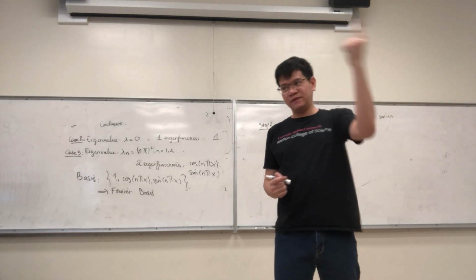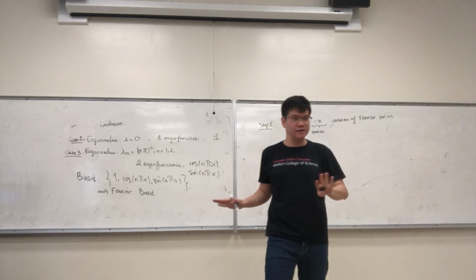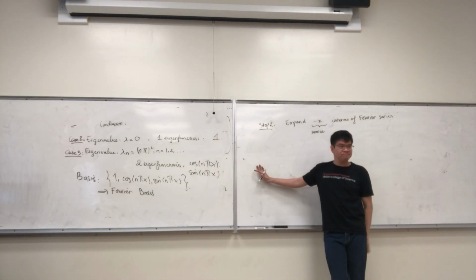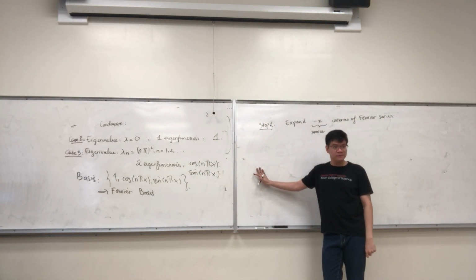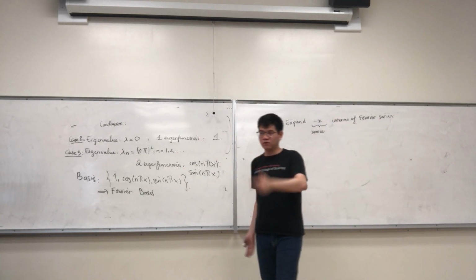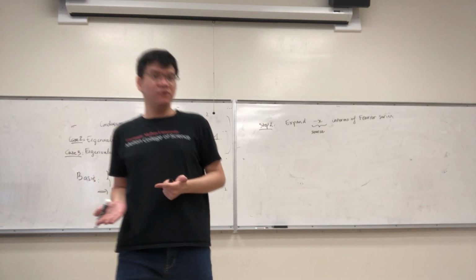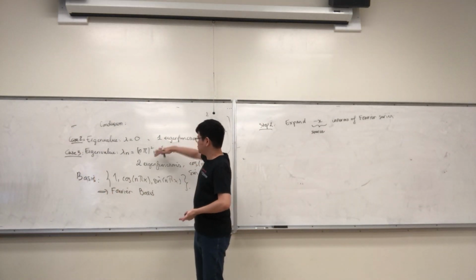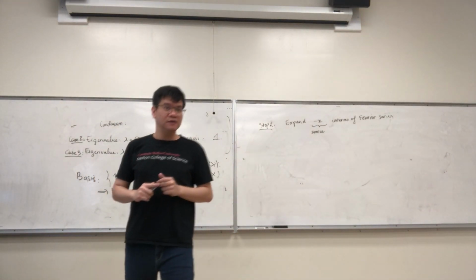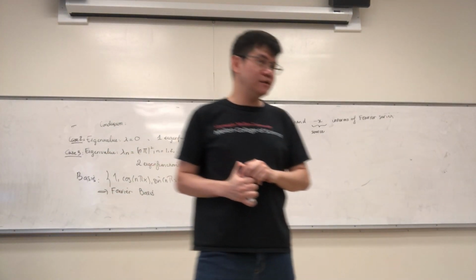Basically, the Fourier series is a special case of this kind of eigenvalue problem. Sometimes when you solve an eigenvalue problem, you can find the Fourier series basis, but sometimes you don't. So the Fourier series basis is just one special case of all of these eigenvalue problems that we study.